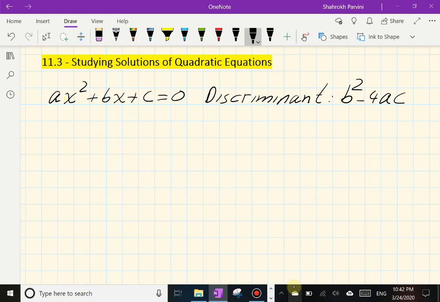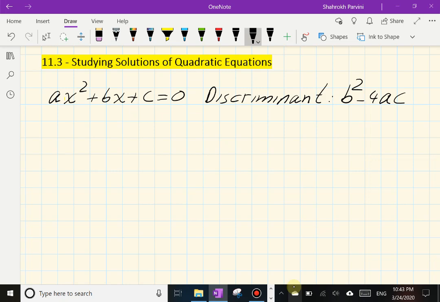Now, because a, b, c are numbers, the discriminant is going to be a number. Now, just as with any number we think of, it's either positive, negative, or 0. We're talking about the real numbers here. So it's going to be one of those three.